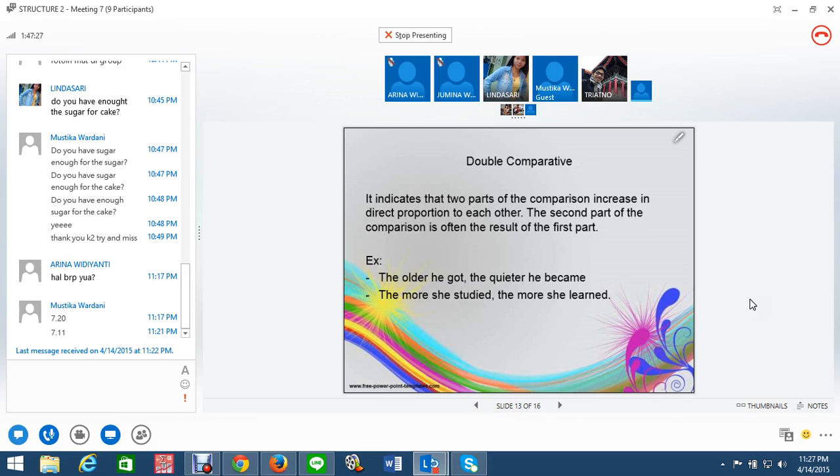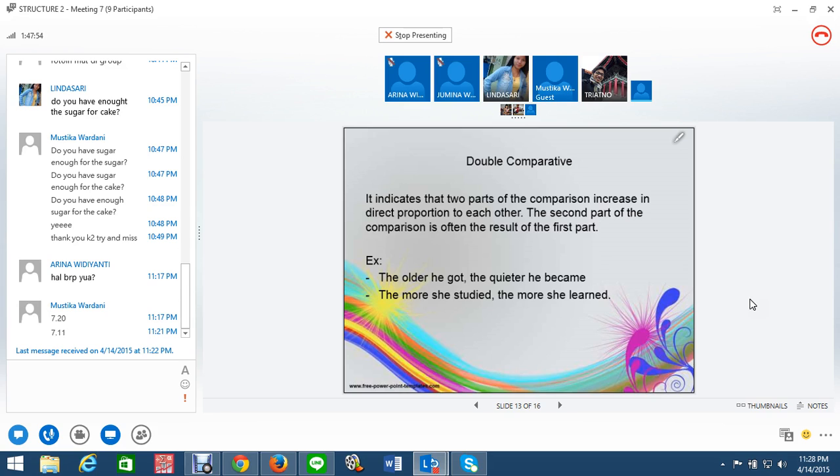The more dangerous it is, the more I like it. Jadi kalau di dalam kalimat itu ada adjective, adjective itu harus ditempatkan, should be placed after more. Coba lihat contoh yang salah yang di atas itu.